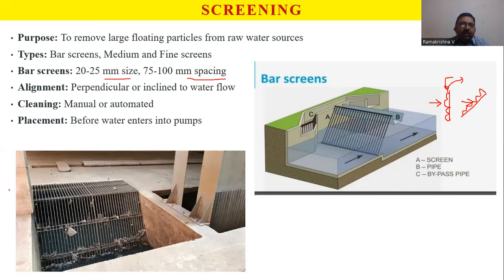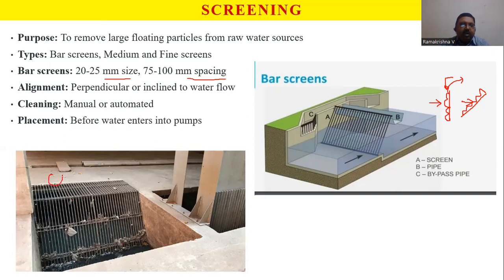Now here you can clearly understand. A platform is provided and water is coming in this direction. The unwanted things which cannot pass through the screen spacing are stopped here.